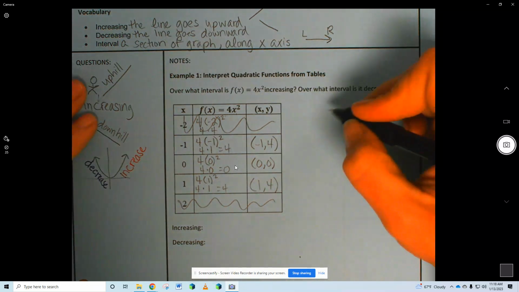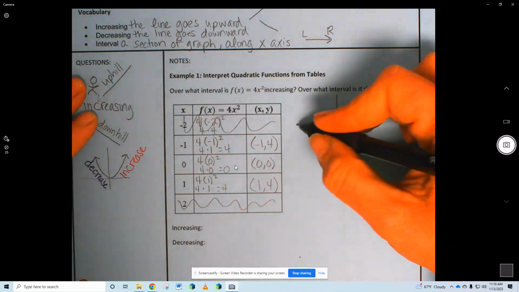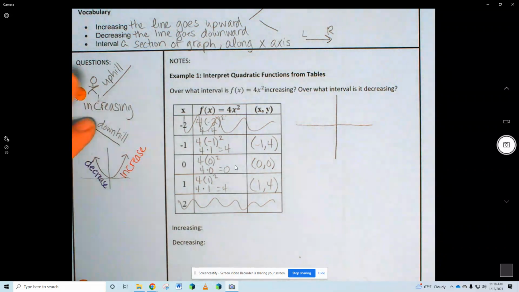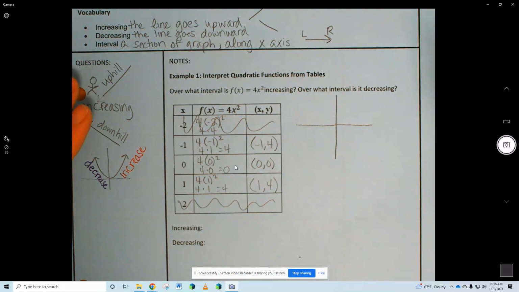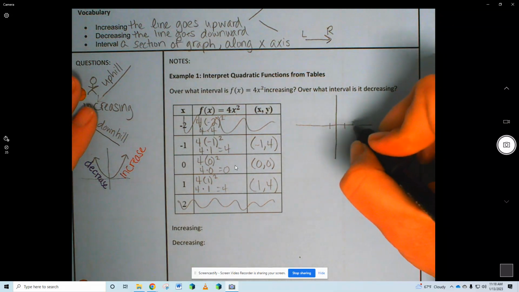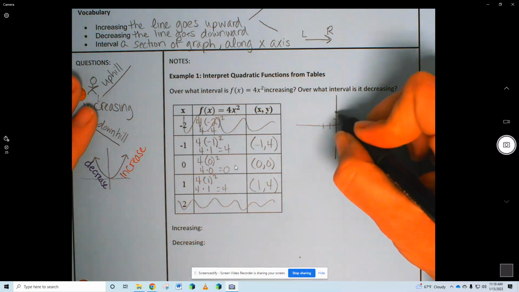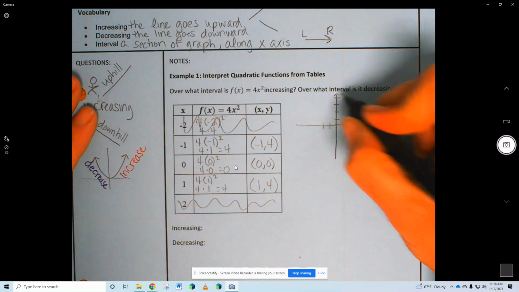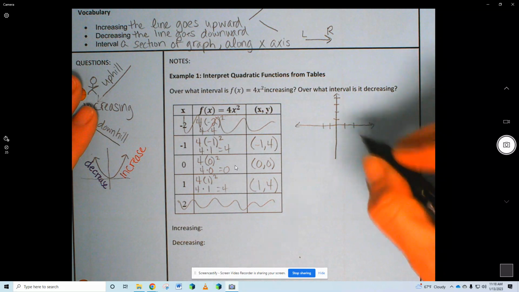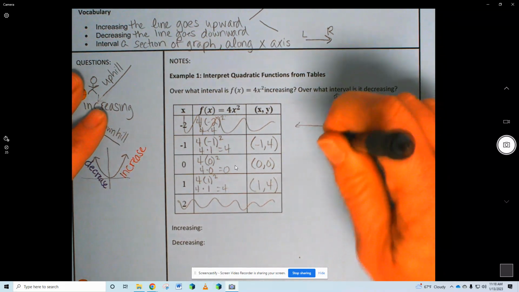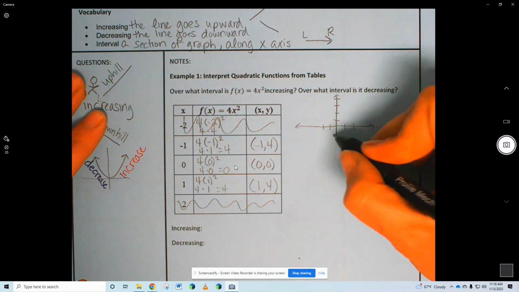All right, draw a little graph on the side. I want you to graph it. I don't really need the bottom of the graph because there is no bottom of the graph.